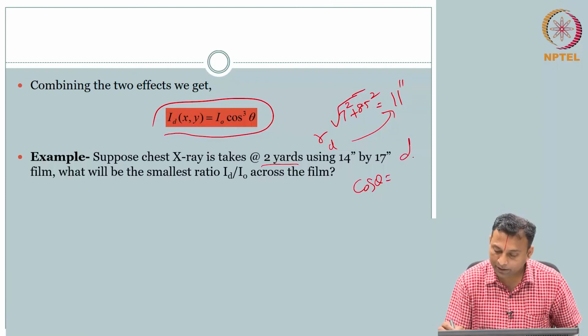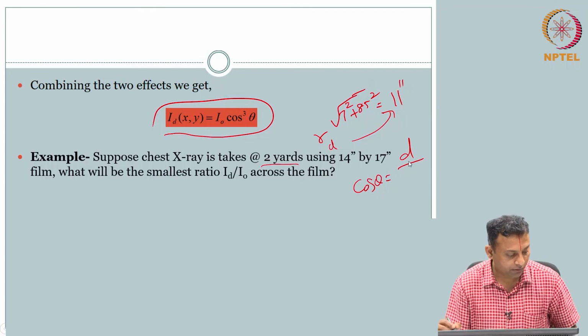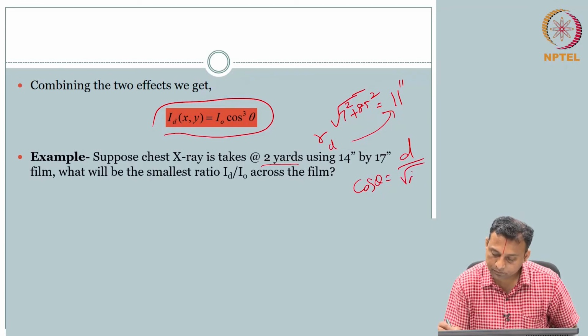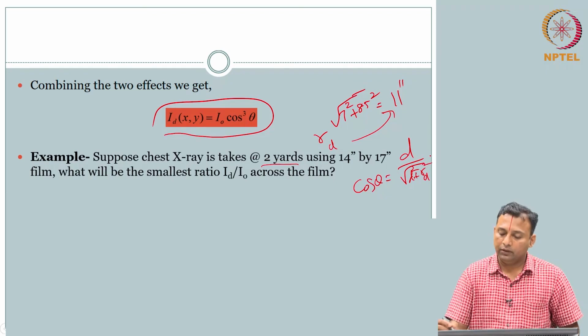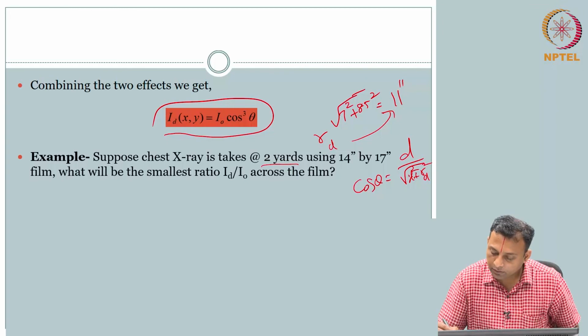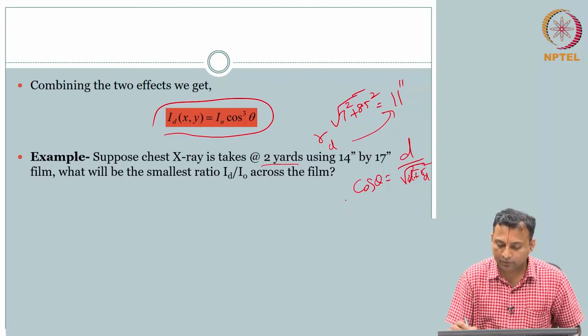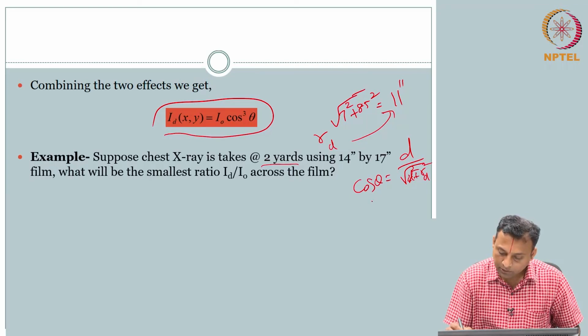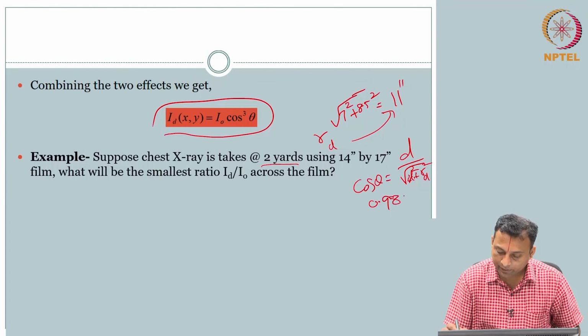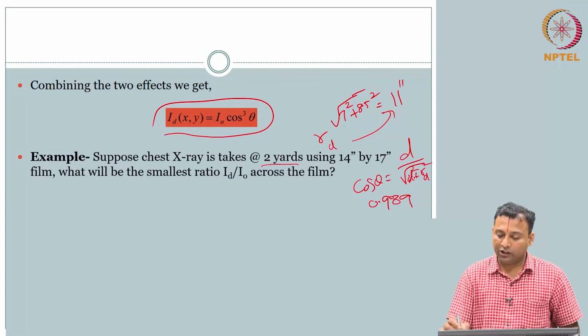Say you have d divided by the square root of d square plus r_d square. So you can get that, and if you substitute, you will get a value of around 0.989, but that is cos theta.